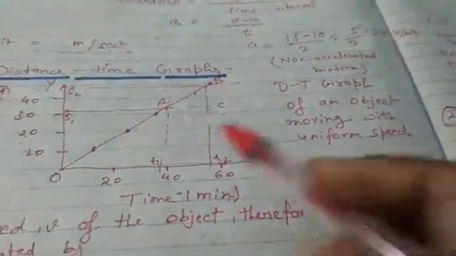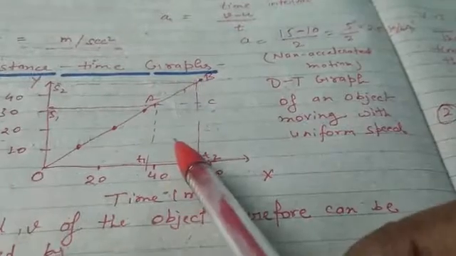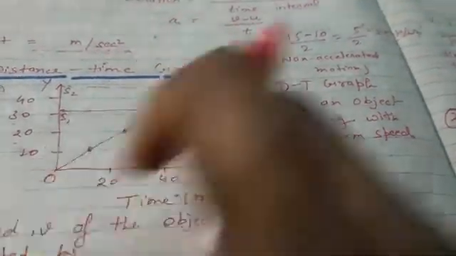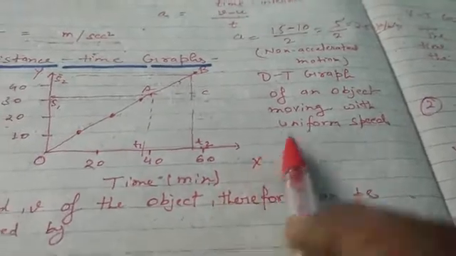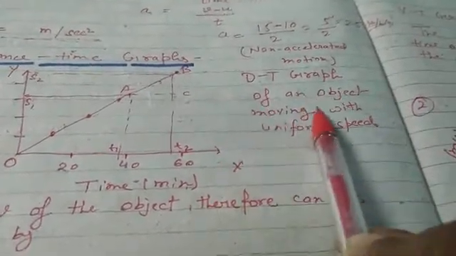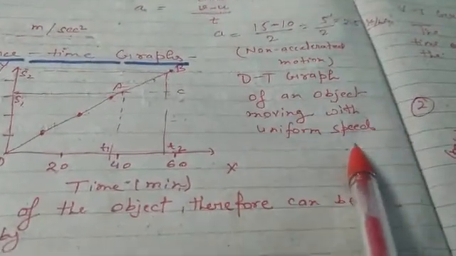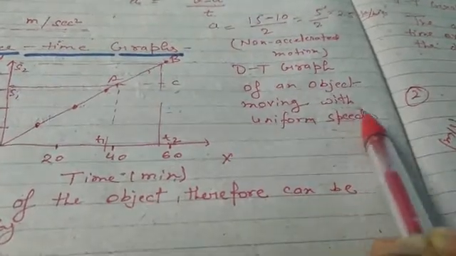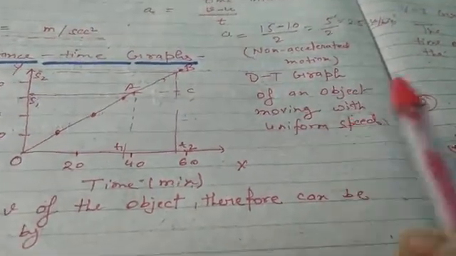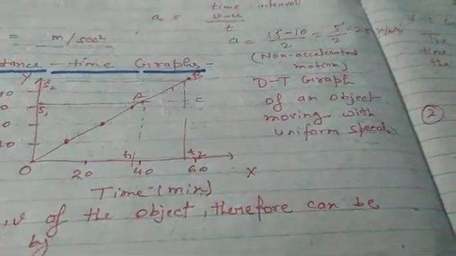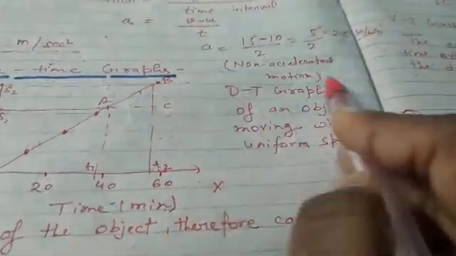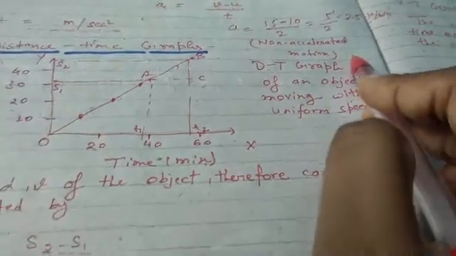I believe in future you will learn to find the slope of a straight line in your mathematics. Now just see here, the distance time graph of an object moving with uniform speed. If speed is not changing and direction is not changing, that means velocity is also not changing. So this kind of motion is called non-accelerated motion.